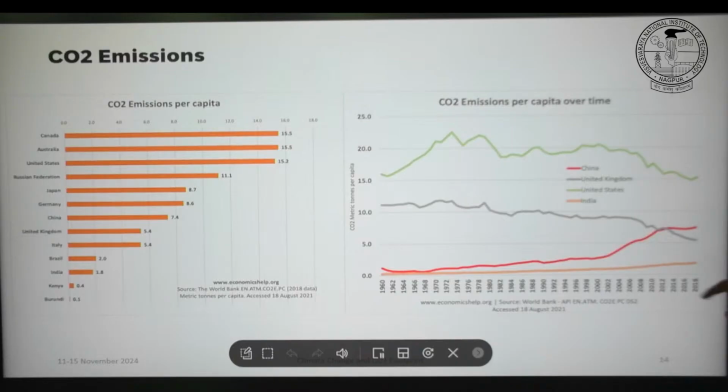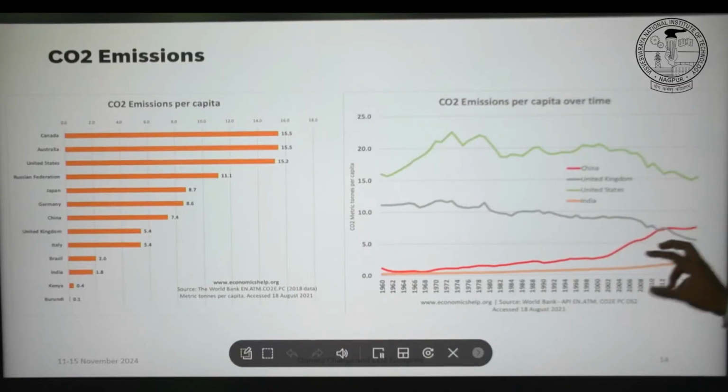Now imagine China was here 20 years back. There was not so much talk about CO2 emissions, that we have to reduce the CO2 emission. And they were allowed to grow like this. Nobody put any pressure or any limit on them. And they suddenly released so much CO2.